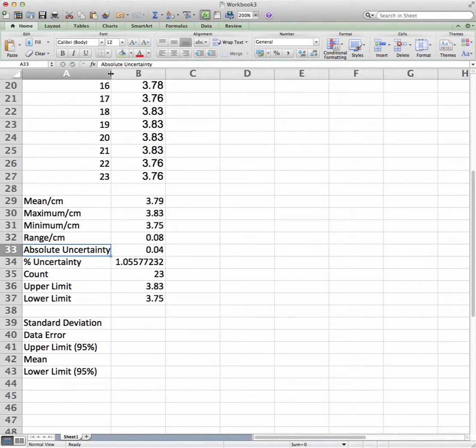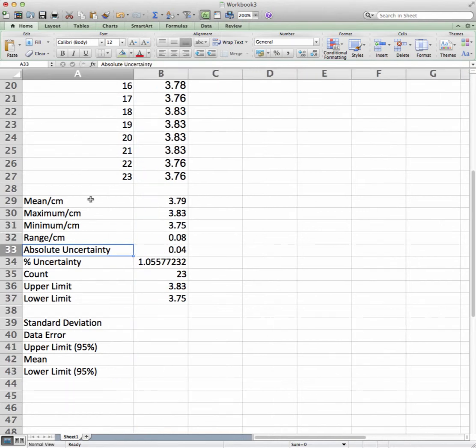The absolute uncertainty is also in centimeters. The percent uncertainty is in percent. The count is a number which doesn't have units, and the upper limit would be in centimeters, and the lower limit would be in centimeters.